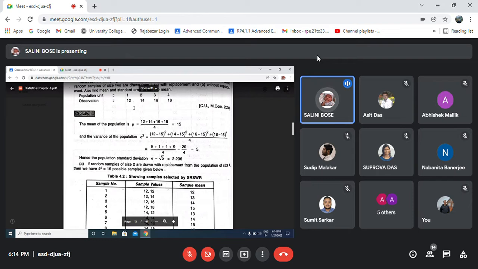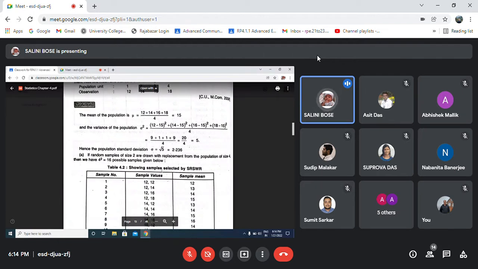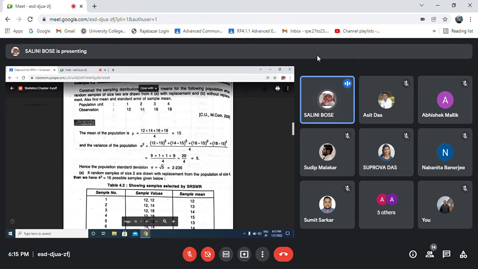After completing 12, we will start with 14. So first 14 will be taken along with 12, because 12 is returned, right? Then we can take 14, comma 14.